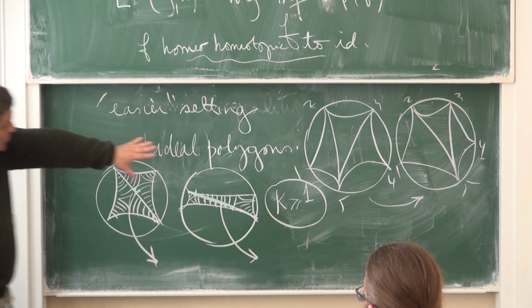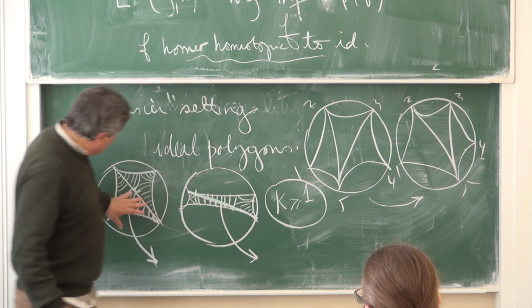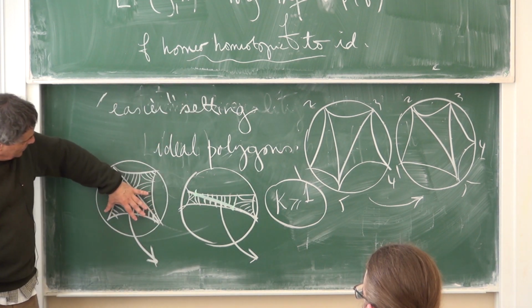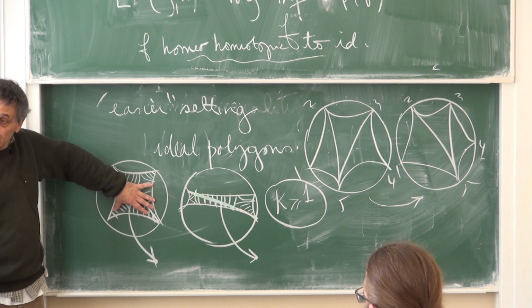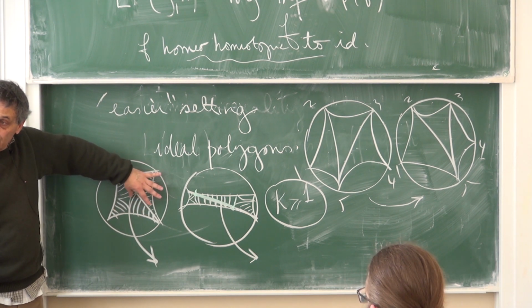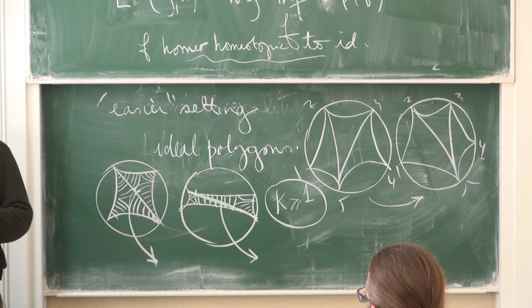There it's much more complicated. What I can do here for the case of the quadrilaterals, by changing the shift parameters, I can go from any ideal quadrilateral to any ideal quadrilateral. You see? There's only one parameter, and this is the shift parameter.